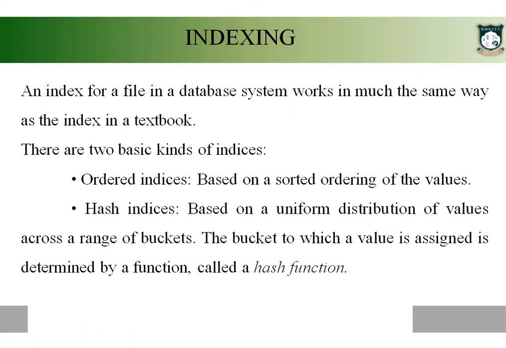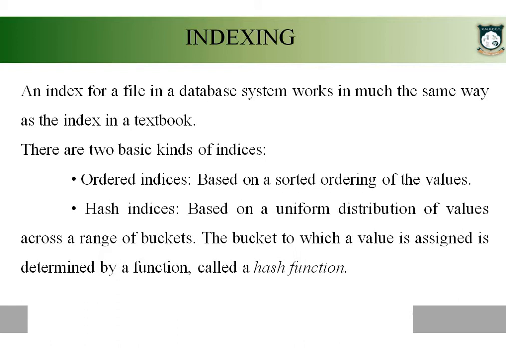And next you have an index called hash index. In hash index there is no concept of sorting. The records will be uniformly distributed in some buckets, and whenever you want to find a particular record, you apply the hash function to the key value of the record you are looking for.